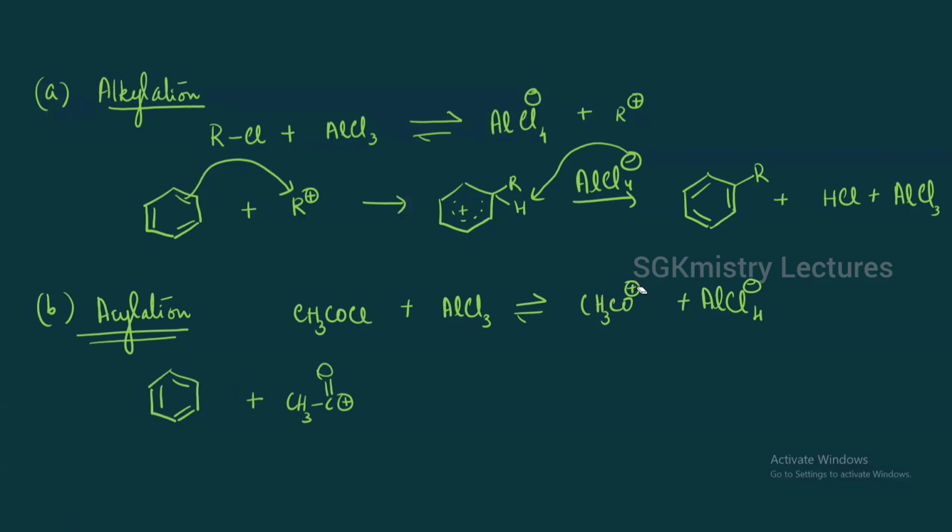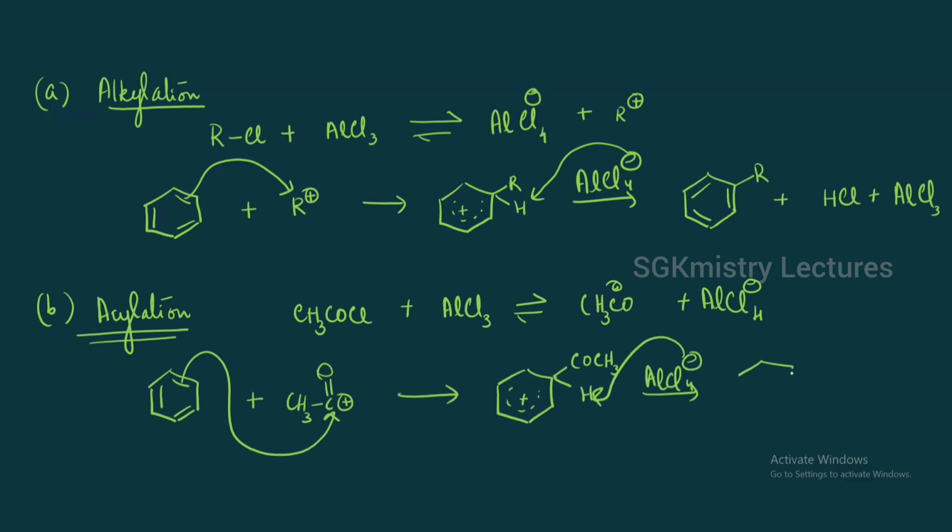Let me write it clearly: the plus charge is on the carbon actually. Now again this attacks the carbon. Like how we have written for the previous one, the same thing here: COCH3, and here we have the H also. Now AlCl4 minus abstracts the H, because of which you're going to get COCH3, along with AlCl3 and HCl, right?